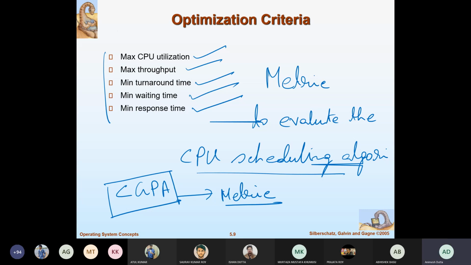If it is hard real time and the task is not completed within that deadline, then something catastrophic can happen, maybe some life risk or monetary loss. The other one is soft real time. If the task is not completed within that deadline, then the output quality will be degraded.